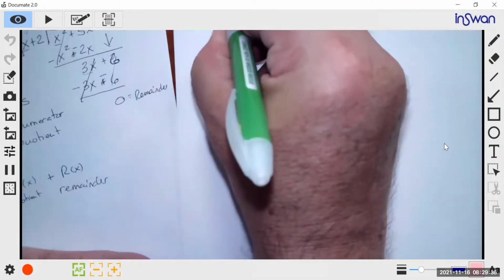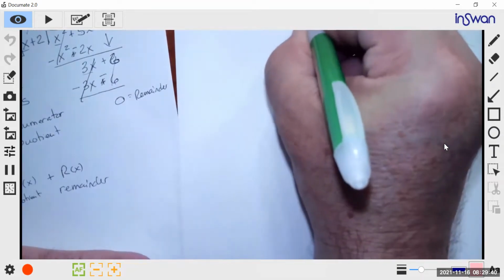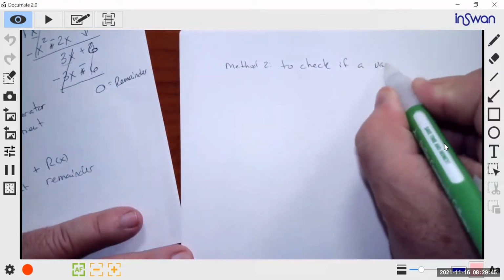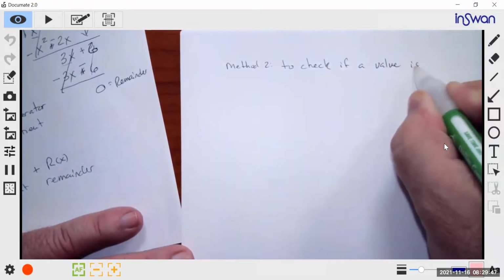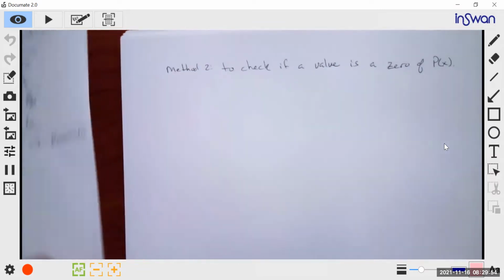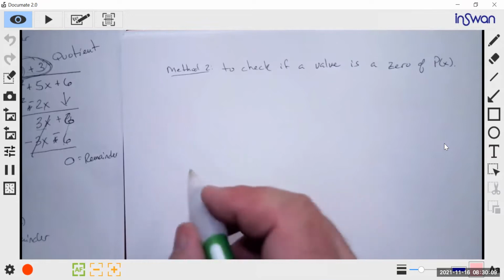This is method number 2, to check if a value, a number, is a 0 of a polynomial. Method 2, to check if a value, a number, is a 0 of a polynomial.